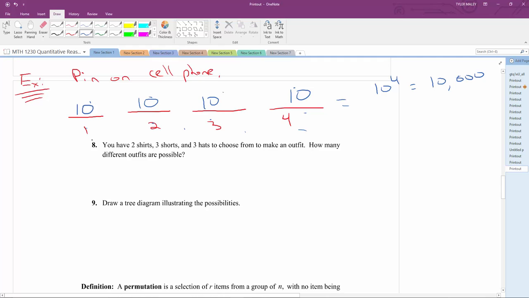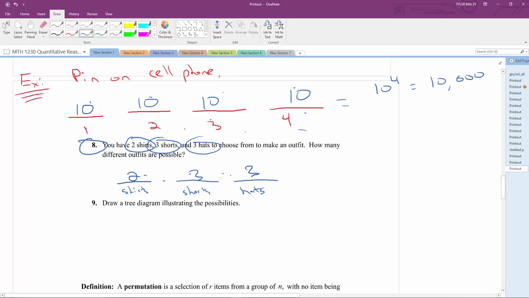So here's another example, number 8. Here we have 2 shirts, 3 shorts, and 3 hats to choose from. I think of it as having 3 bins: shirts, shorts, and hats. There are 2 options for shirts, 3 options for shorts, and 3 hats.